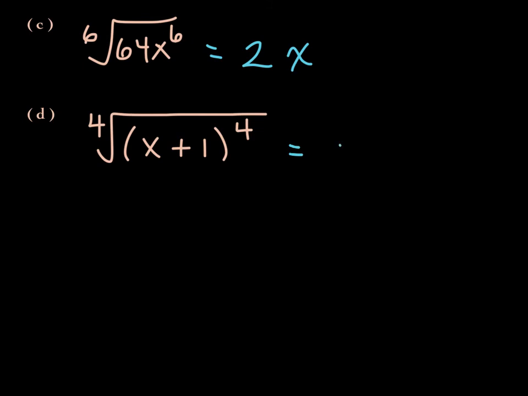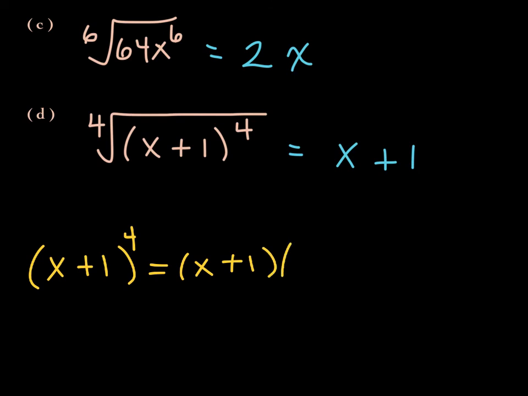I'm going to write down the answer, and the answer is x plus 1. And what I would like to do is show you the justification. Of course, the little shortcut is 4 divided by 4 is 1, so then you just have x plus 1. But here's my justification. If I take the expression x plus 1 and raise it to the fourth power, this is just x plus 1 times x plus 1 times x plus 1 times x plus 1.